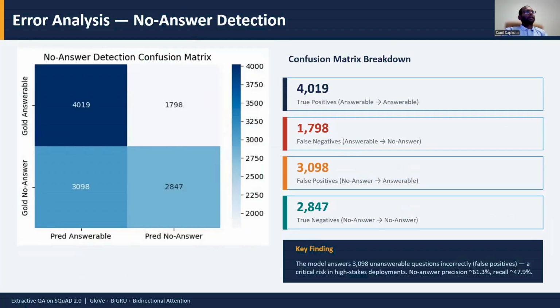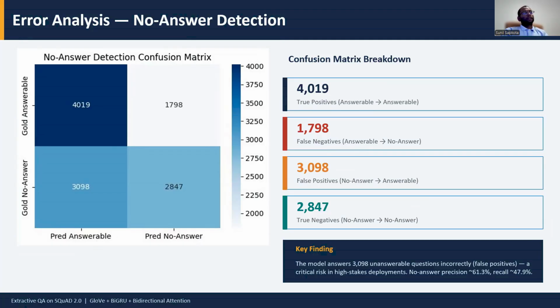So here is our next slide. It is a confusion matrix. The model predicted answerable and the dataset also has answerable; those are the highest count, 4,019. Where the model says we cannot predict the answer and actually there is no answer in the dataset as well, that is 2,847.